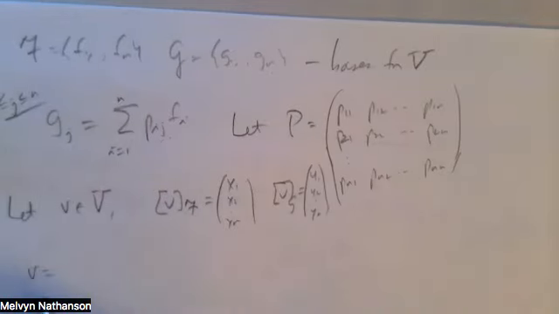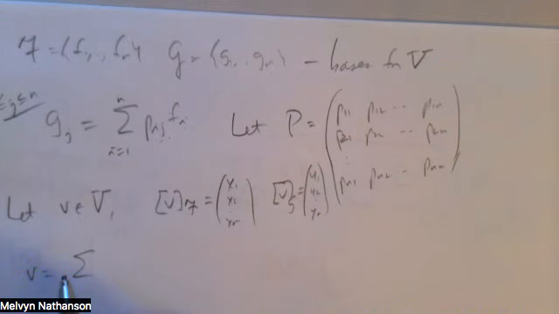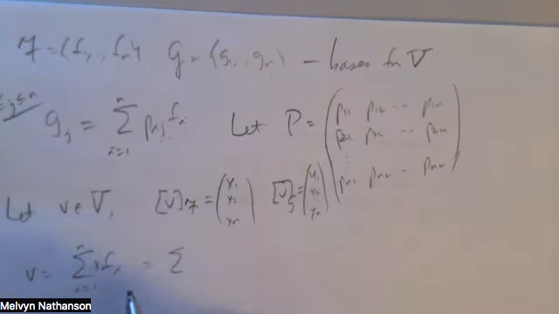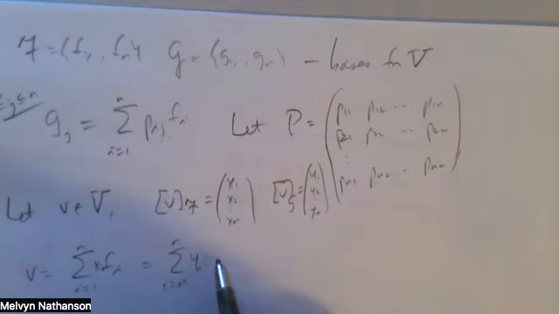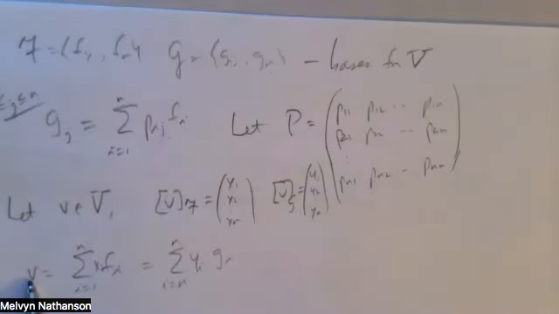So v is the summation, i goes from 1 to n, of x_i f_i. And also the summation, i goes from 1 to n, of y_i g_i. This is v expressed as a linear combination of the F vectors. This is v expressed as a linear combination of the G vectors.